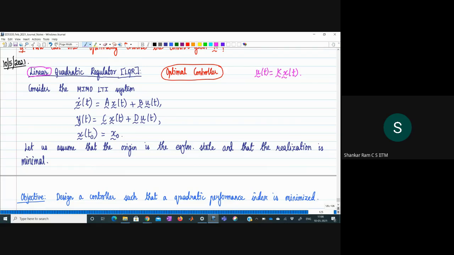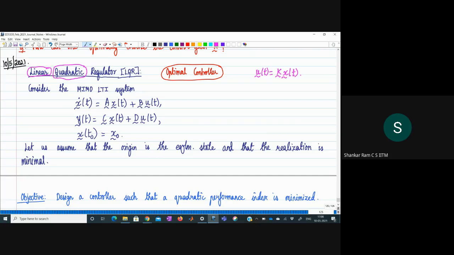And it is called quadratic because we are going to get this linear controller by minimizing a quadratic performance metric. I hope now the terminology is clarified, why it is called a linear quadratic regulator.